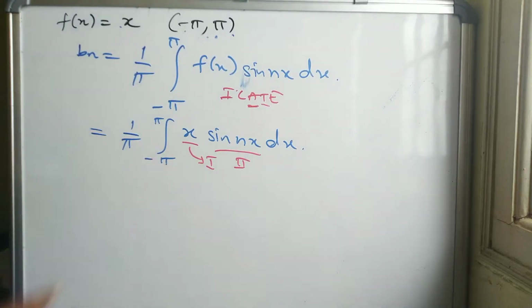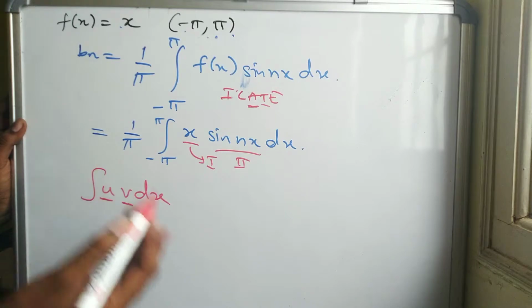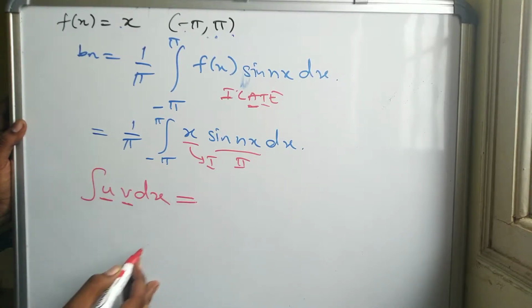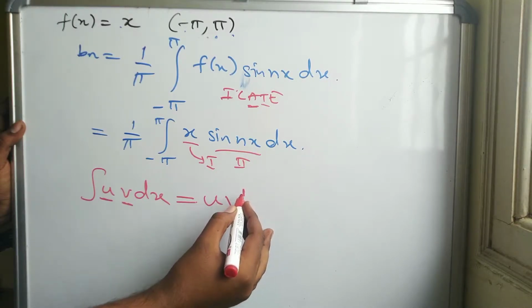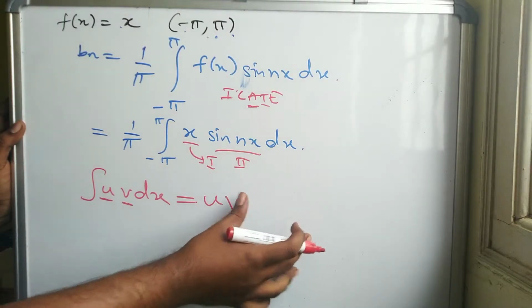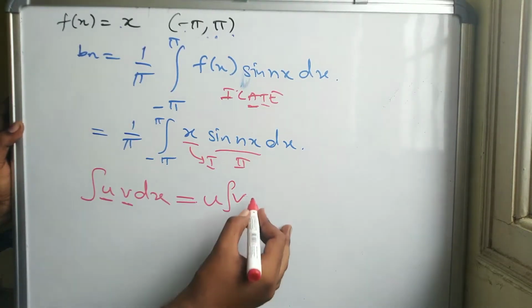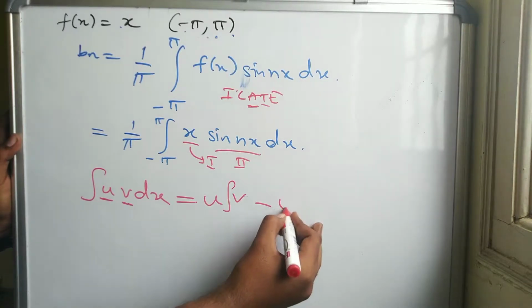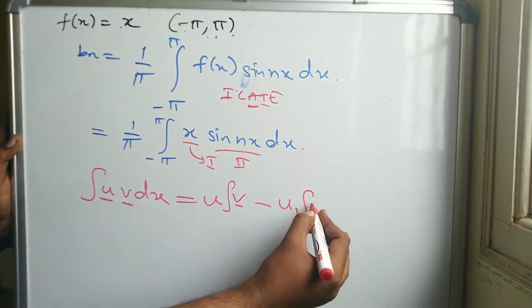Now integration by parts is nothing but this: if integral of u v dx is given, u is the first function, v is the second function, that is equal to u into integration of the second function, minus differentiation of the first function into integration of the integrated answer, that is v1, you can write it.